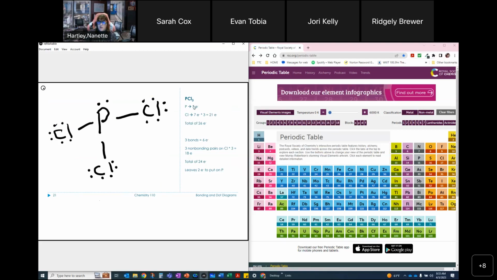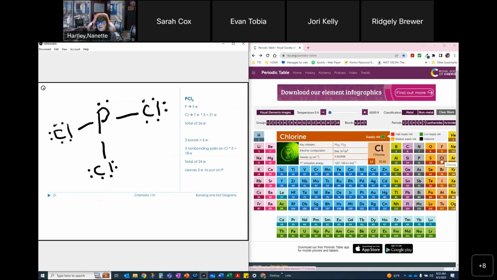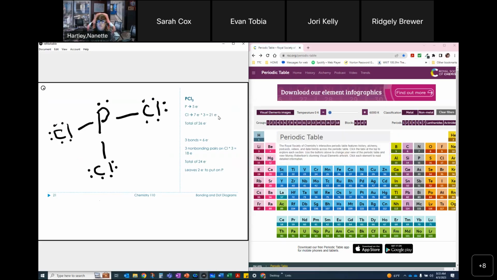That's where this 5 comes from. Chlorine is right here, and that means it has 7. So 1, 2, 3, 4, 5, 6, 7 valence electrons, and there are 3 of them. That gives me a total of 21 electrons from chlorine. If I add all of those electrons together, that gives me 26 electrons that I need to deal with in this structure. That's how many electrons are present.